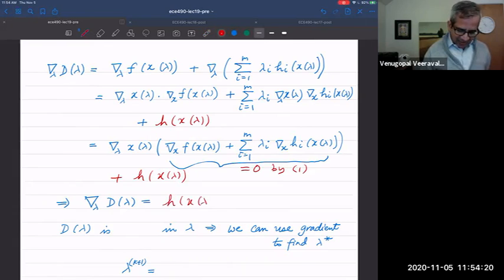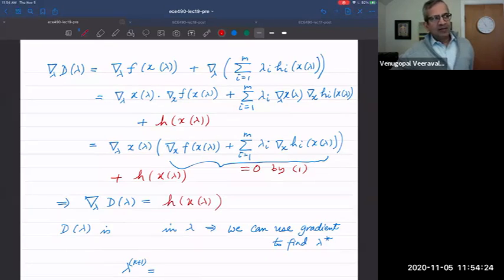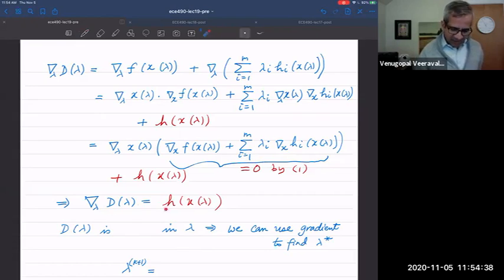And interestingly, this holds even when d is not differentiable. That's what you're going to see in homework. That's actually one of the problems in homework 5, when we use the notion of subgradient to show that this kind of result holds even when d is not differentiable.